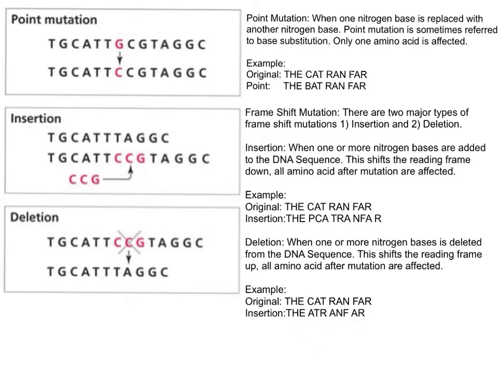By the same token, everything after my deletion is affected, just like everything after my insertion is affected. So when I look at the difference between a point mutation and a frame shift mutation, a frame shift mutation would be worse off because it is affecting more amino acids than a point mutation would.